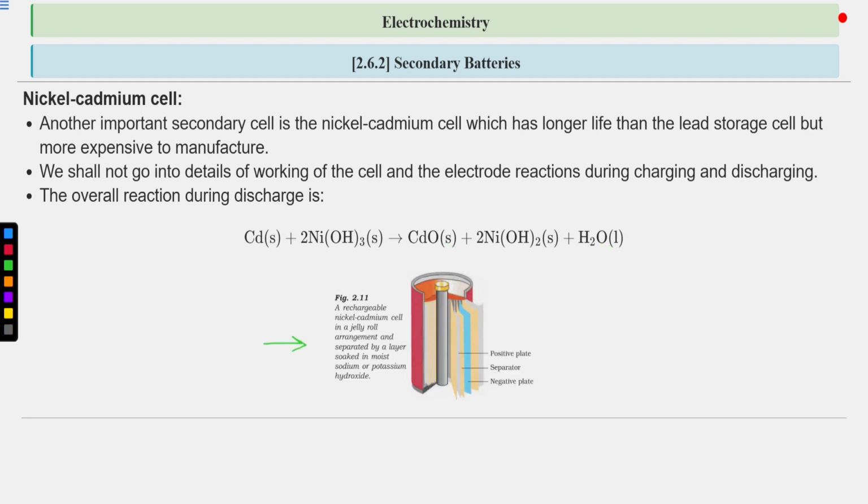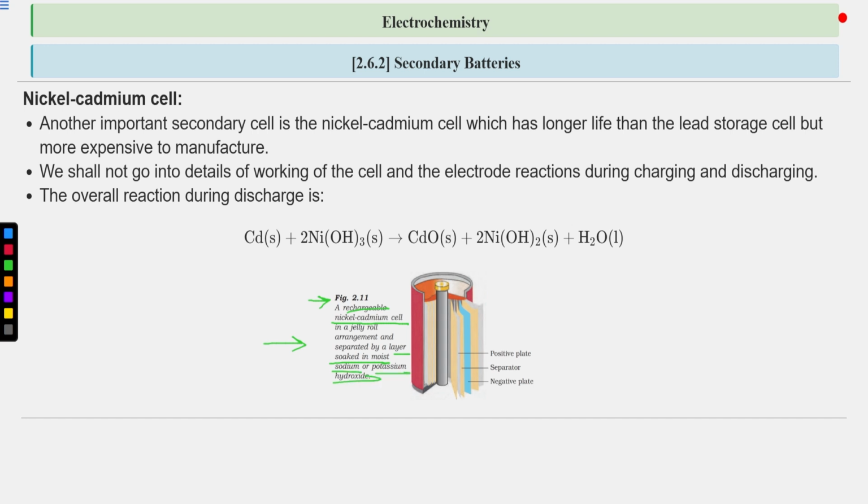This is the figure marked as figure 2.11 in the NCERT textbook, which is a diagram of a rechargeable nickel cadmium cell. Why rechargeable? Because it is a secondary battery. Secondary batteries can be recharged and reused. The rechargeable nickel cadmium cell is in a jelly roll arrangement, separated by a layer soaked in moist sodium or potassium hydroxide.